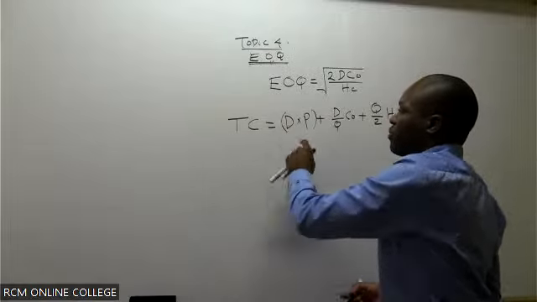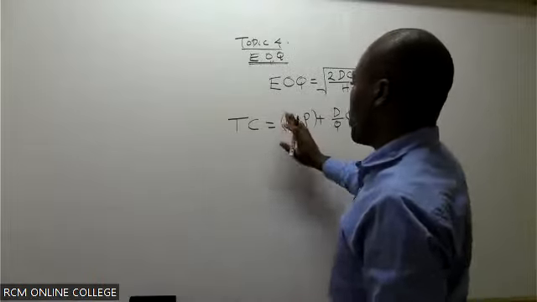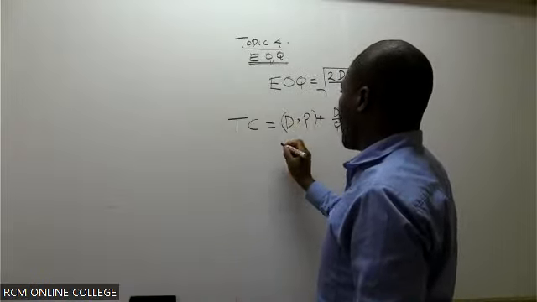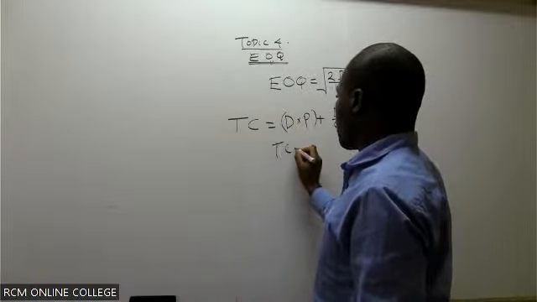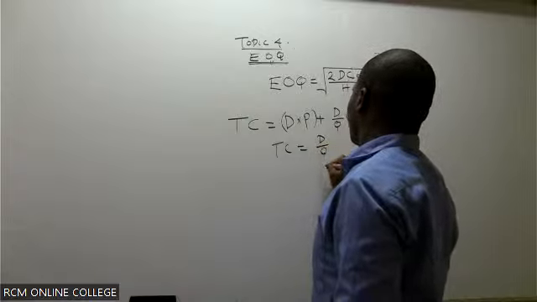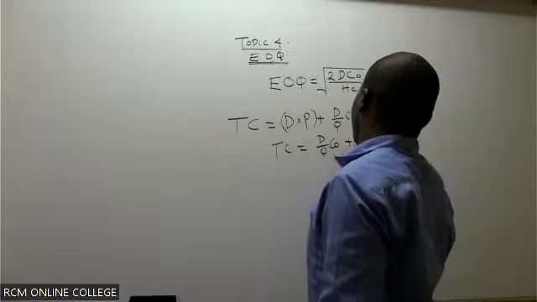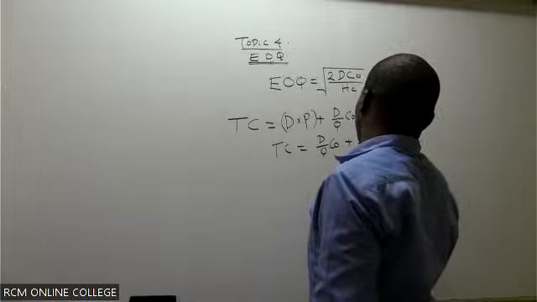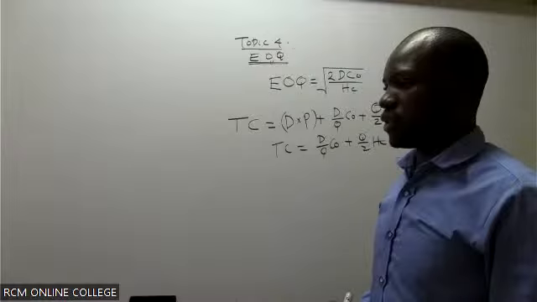It is constant. We basically now do away with it, and we tell ourselves that total cost will be equivalent to demand over quantity plus quantity divided by 2 multiplied by holding cost.